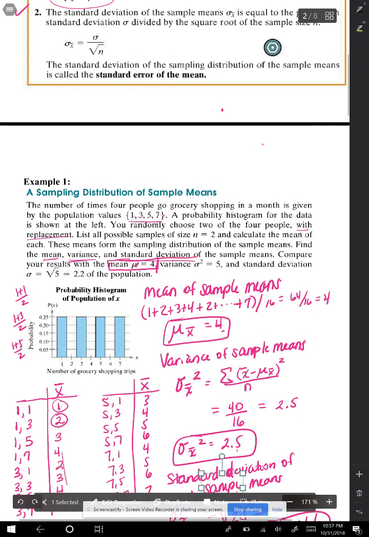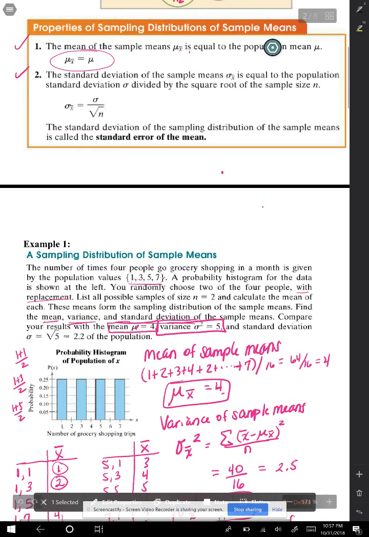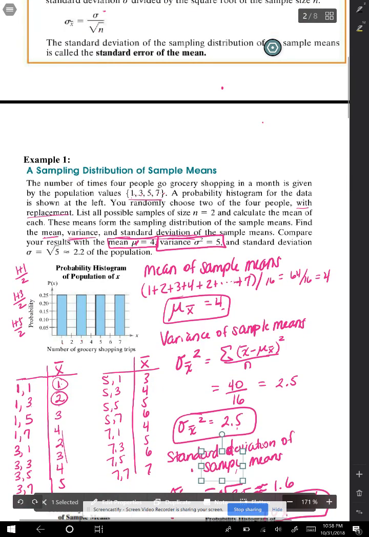They gave us that the variance was equal to 5. And according to our rule up here, the variance of the sample means will be the population variance divided by n. So if the standard deviation was square root of 5, that means the variance was 5, because you just go in reverse.